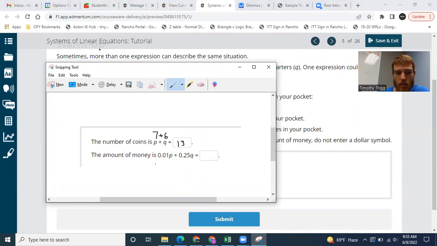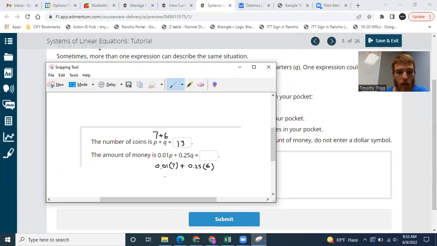What about this second equation? Well, this is saying 0.01 times the number of pennies, so 0.01 times 7, plus 0.25 times the number of quarters, Q, which in this case is 6.